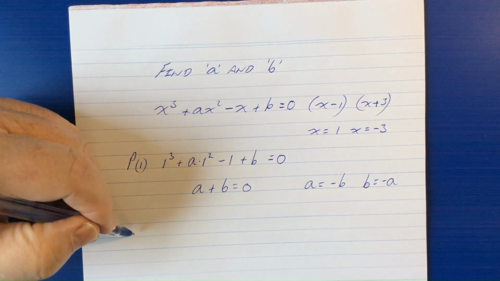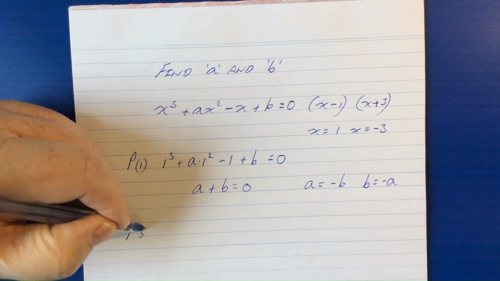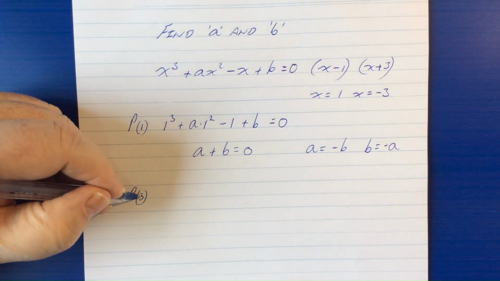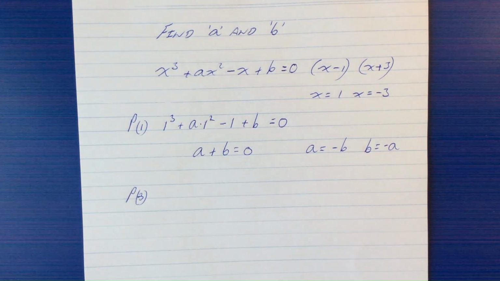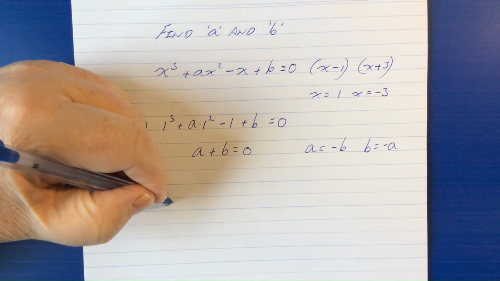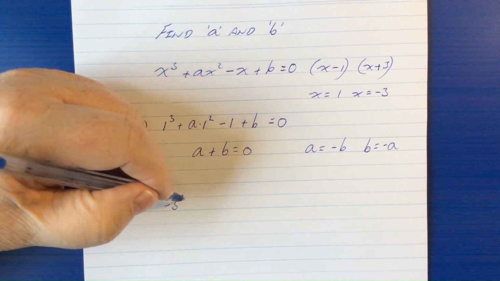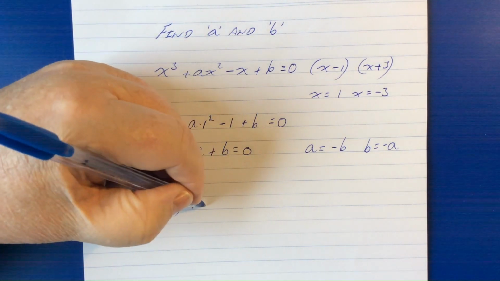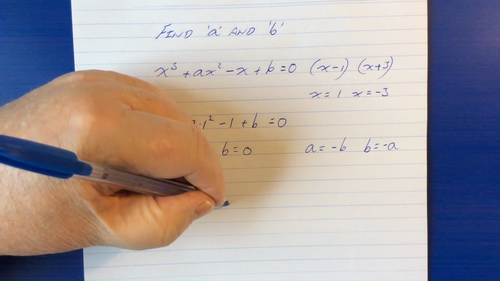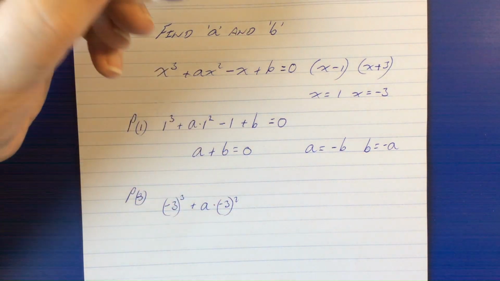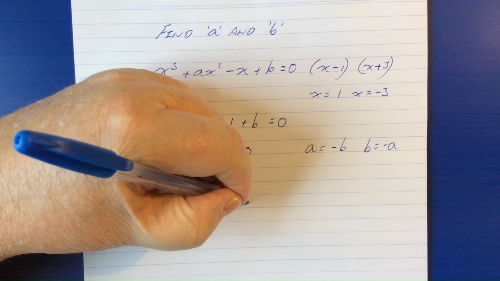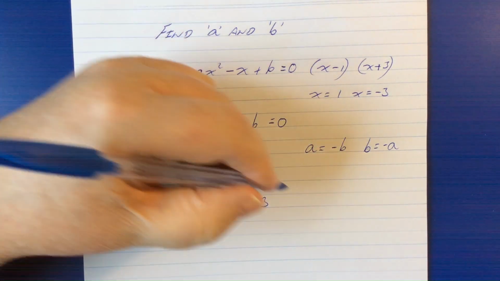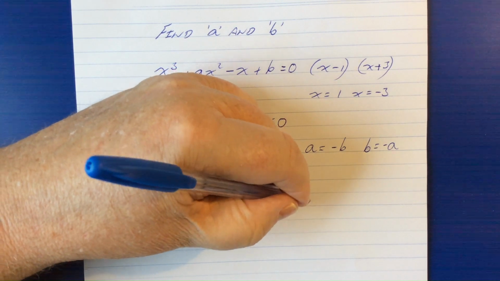Okay, so let's move on to the next equation, and I'm going to sub in negative 3. That should be negative 3 there. Okay, so negative 3 cubed plus a times negative 3 squared minus negative 3, which is effectively plus 3, plus b equals 0.